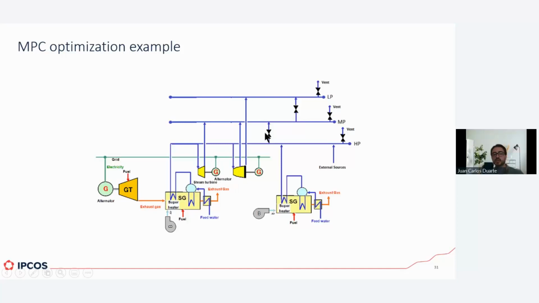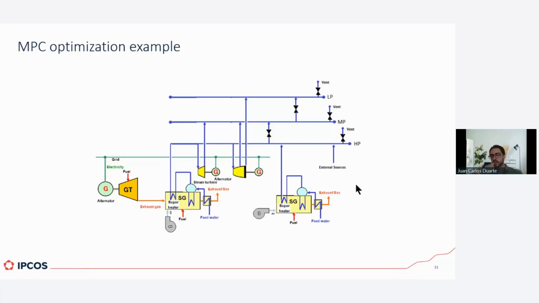So what happens here is that these generators are consumers of high pressure steam, and there could be, let's say, a kind of competition between the boiler and the generator for the control of the high pressure steam. That competition was difficult to handle in just basic DCS controls.